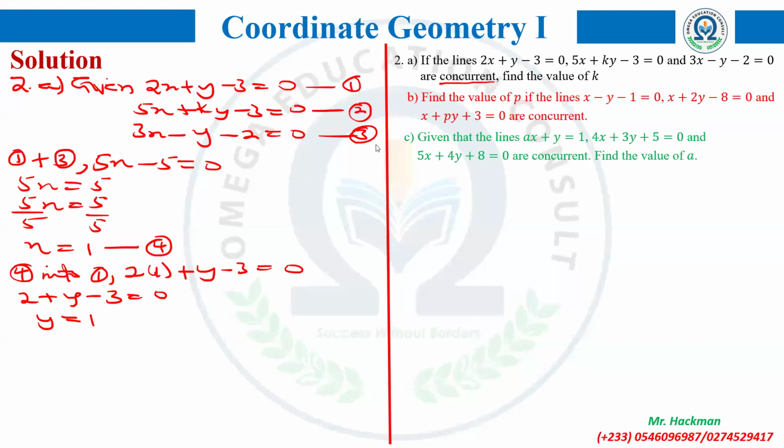It means if you take any pair and you solve and you get a point of intersection, that point will lie on the other line that you didn't solve, provided they are concurrent, or your line will pass through that point.